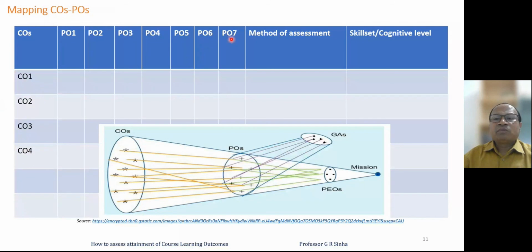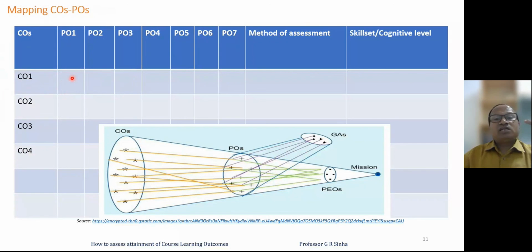Then finally, we always come to the point where we always map course outcomes with the program outcomes. Say course outcome 1 is mapped with program outcome 3. Say course outcome is talking about mathematical knowledge, and program outcome is talking about mathematical knowledge. And say in the course outcome, student is able to develop some mathematical knowledge, demonstrate some mathematical knowledge. So you can write here X, or you can also quantify this.